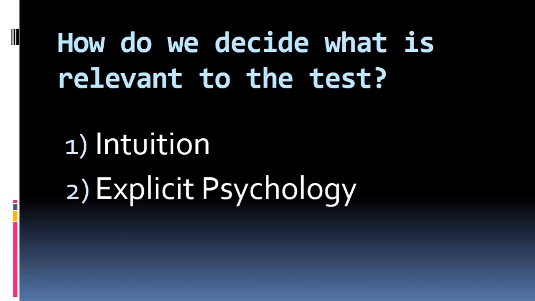Now you're like, what sort of test should I write? And you can either just intuit your way through it, and that's a baseline from which you could move, but better it would be to have an explicit psychology, right? To have a theory of intelligence on which to decide which are the relevant and which are the irrelevant properties.